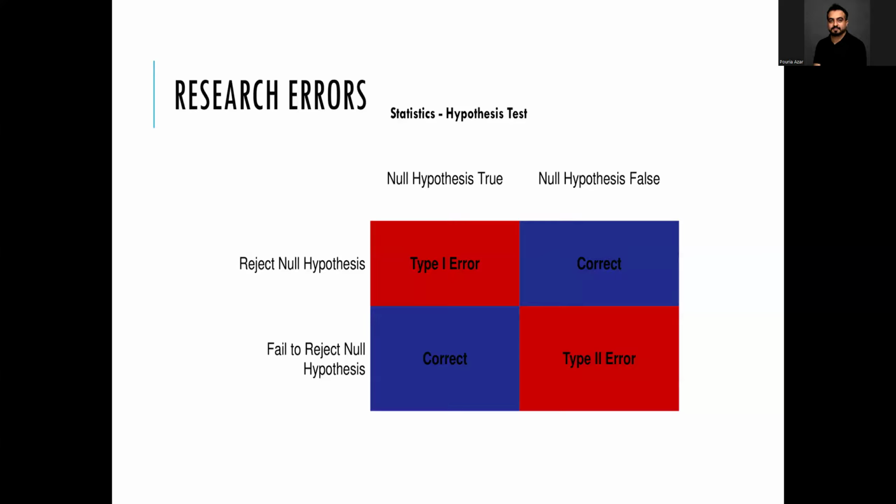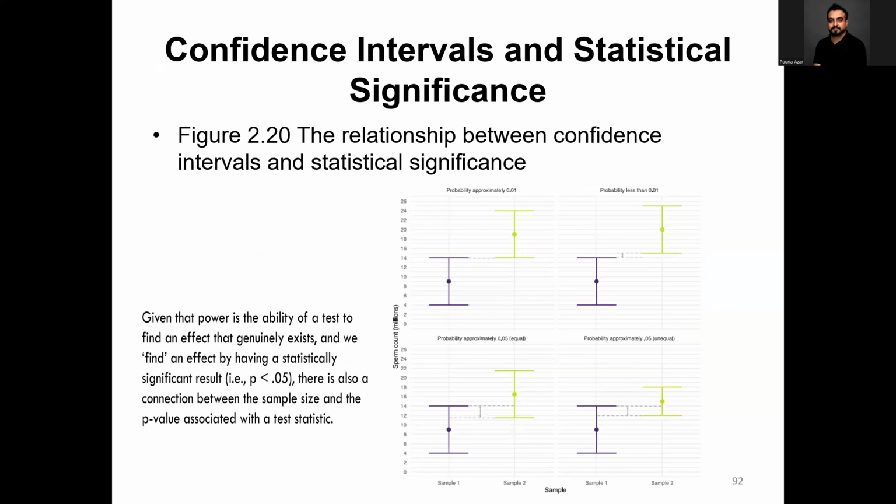If the null hypothesis is true and we fail to reject it, we are correct again. But if the null hypothesis is false and we fail to reject it, we commit a type 2 error, or beta level error.